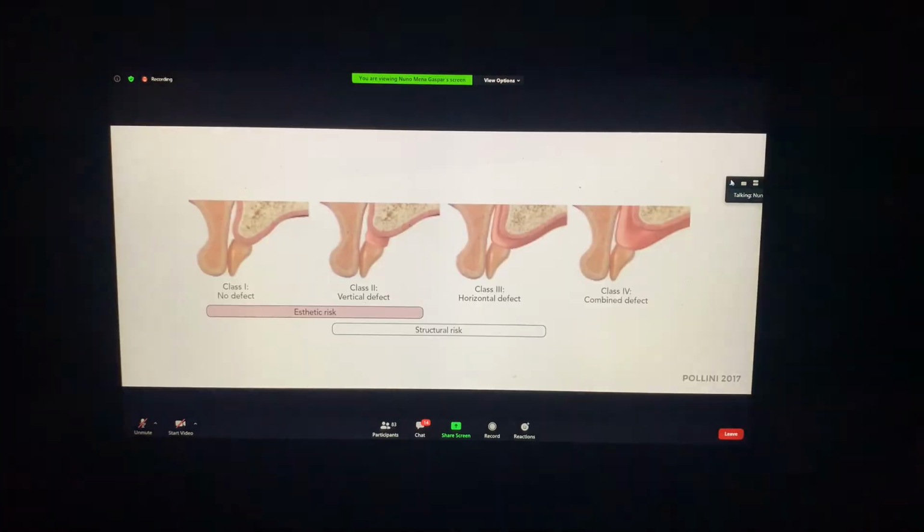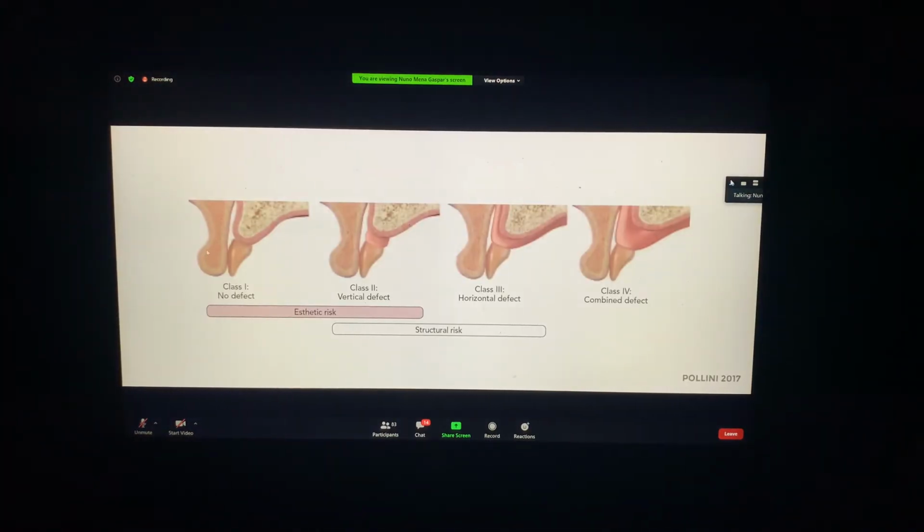So Polini showed a classification showing between the defects and the risk of exposure of the transition line, how we could solve this. Trong cái bài báo cáo này á, thì Polini có đưa ra những cái thiếu hỏng khác nhau. Okay.